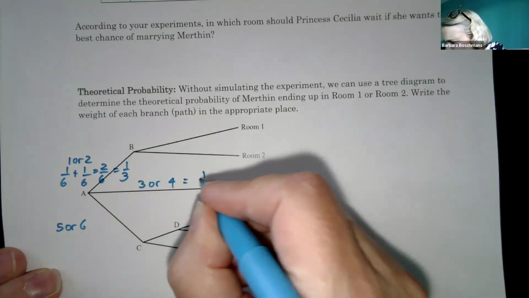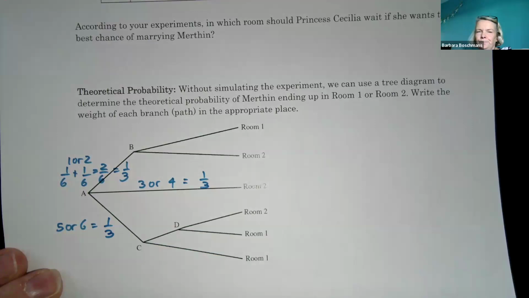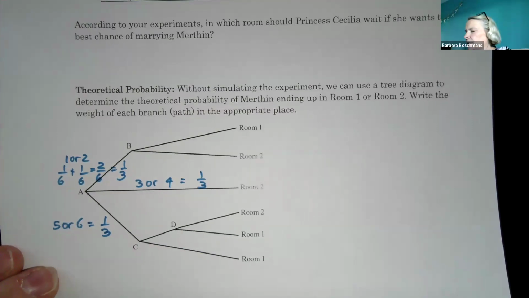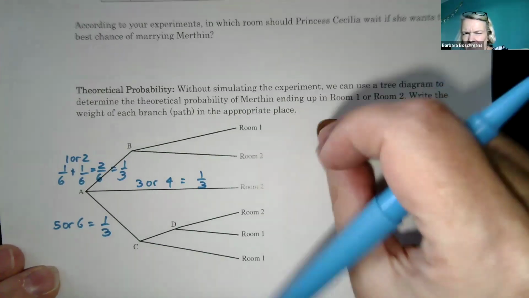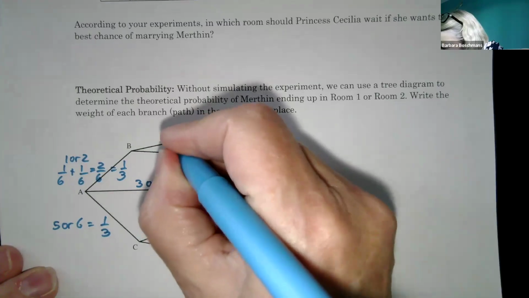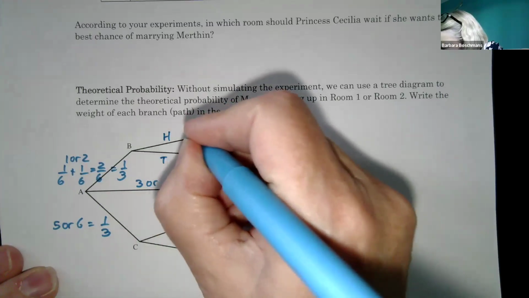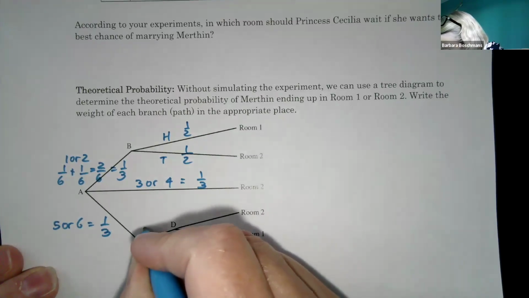That means this will also be 1/3, and this will be 1/3. When you got to B, C, or D, you flipped a coin. It was heads or tails, and heads or tails is 1/2, 1/2.